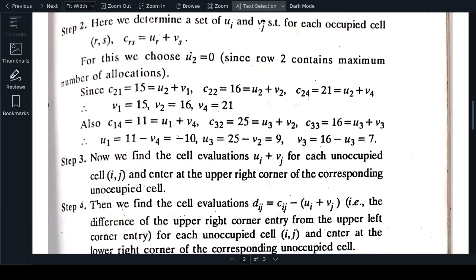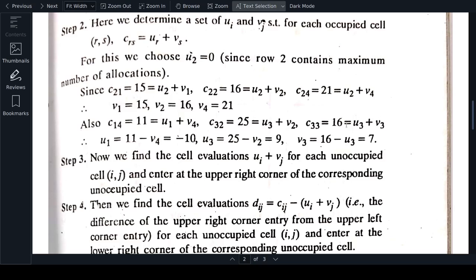So next, what we do, we write this one relation. Last class I gave here the optimality test. You will see the relation for an occupied cell: Crs equal to Ur plus Vs. You can write i comma j, means Cij equal to Ui plus Vj.